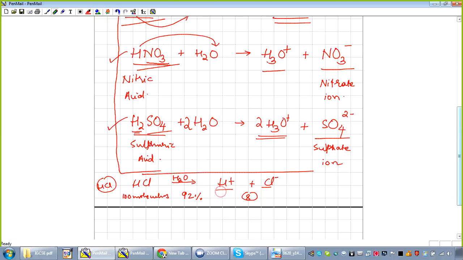Whichever substance is going to separate out to a very large extent, that's going to be a strong acid. Even HNO3 and H2SO4, they separate out almost to an extent of 90%. Therefore, these are going to be strong acids. It means they are going to form very large number of hydronium ions and whatever the negative ion that is present, depending upon what the acid is.